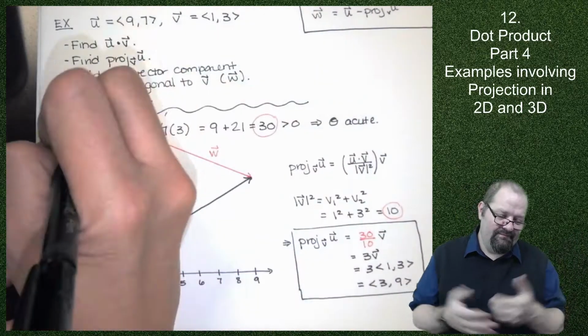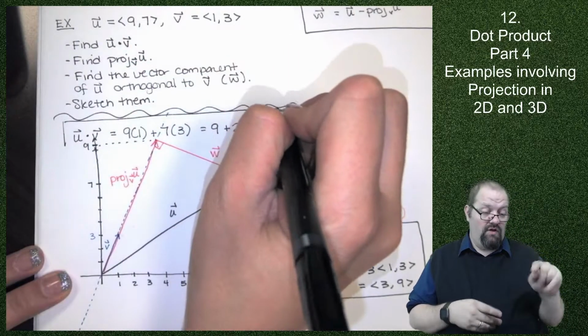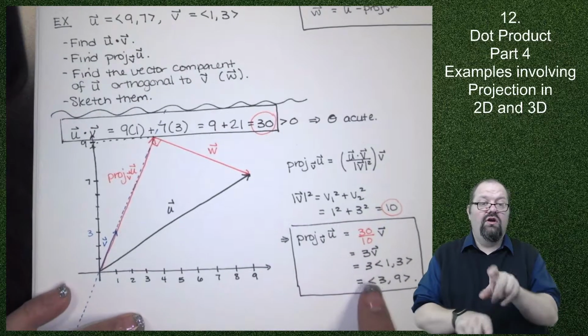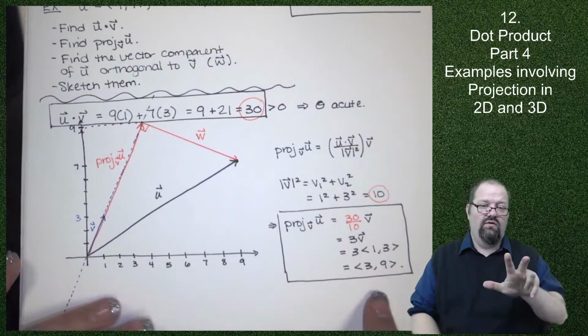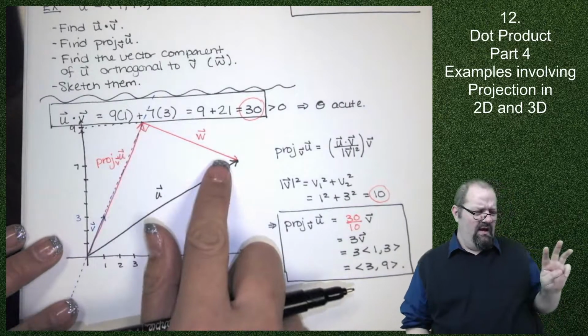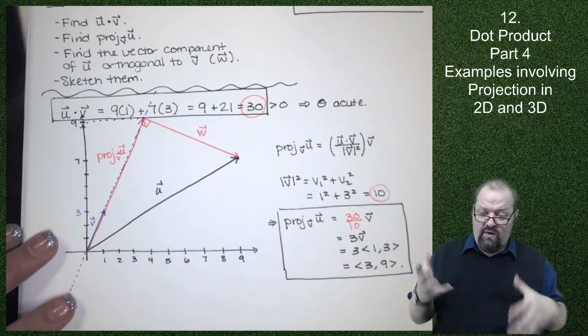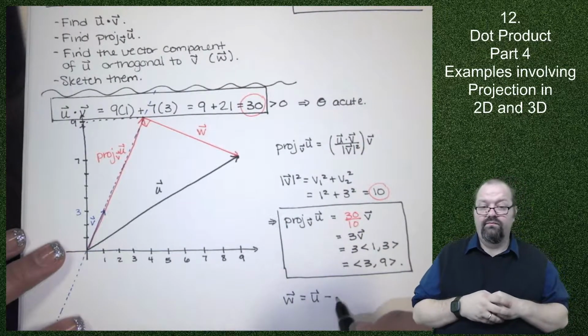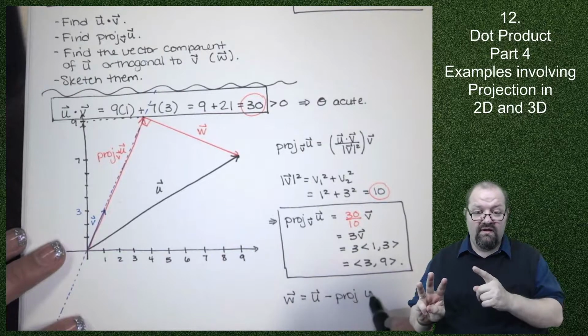So my dot product was 30. And the projection of u onto v is 3, 9. And the question becomes, well, what is w? What do I have to add to this to get u back? Well, according to our formula, w is u minus the projection of u onto v.